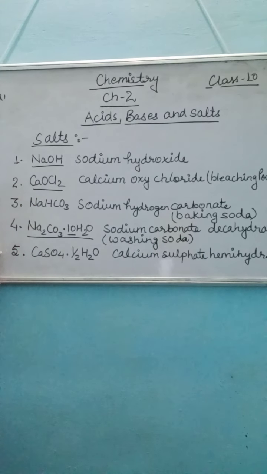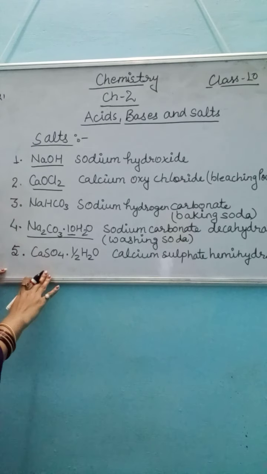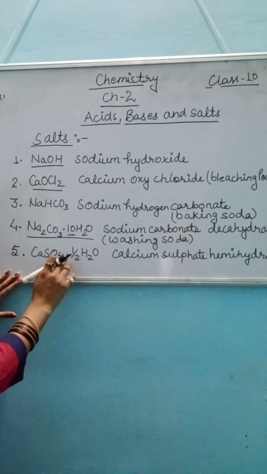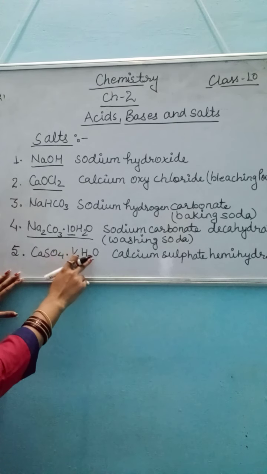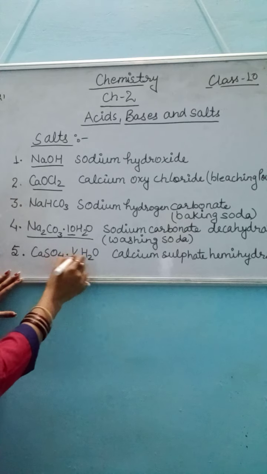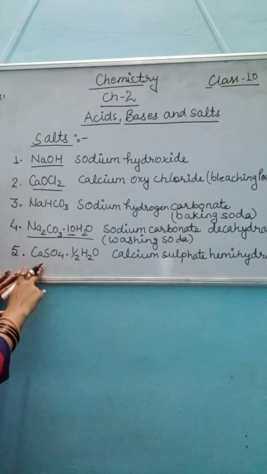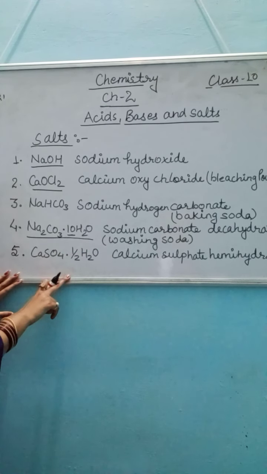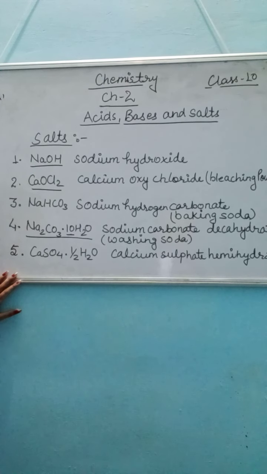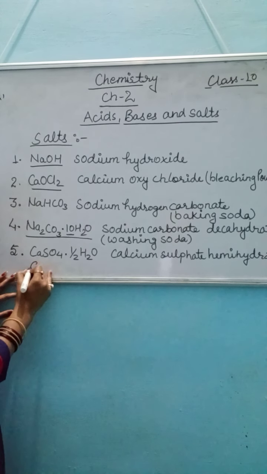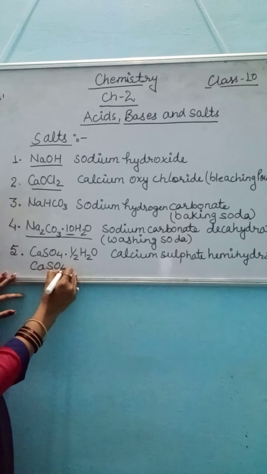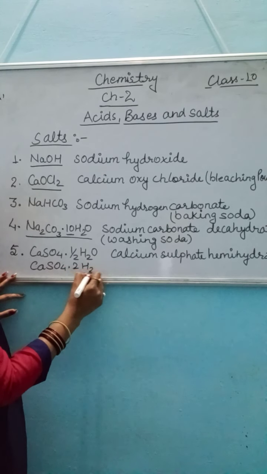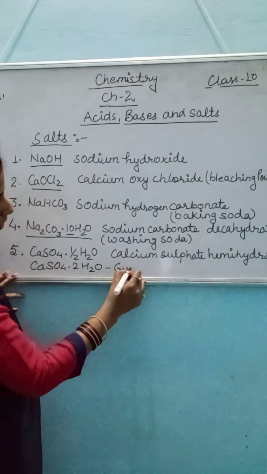And the next salt is calcium sulfate half, which means hemihydrate. Calcium sulfate hemihydrate is plaster of Paris, and it is obtained from the salt gypsum, whose formula is CaSO4.2H2O.